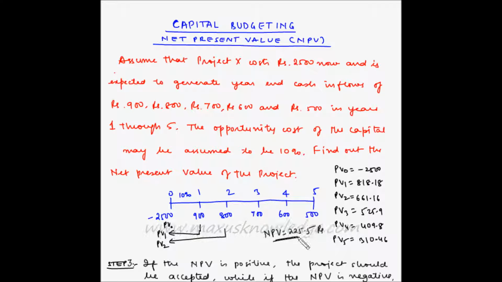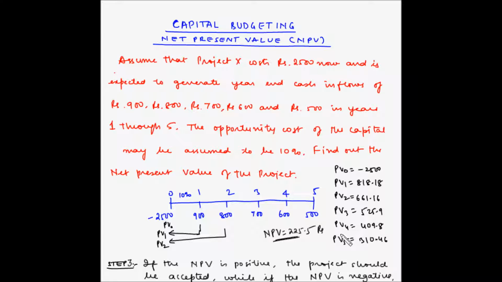So if we get a positive NPV value, that means the inflow is more than the outflow. So the shareholders' wealth would increase and the project is going to be profitable.